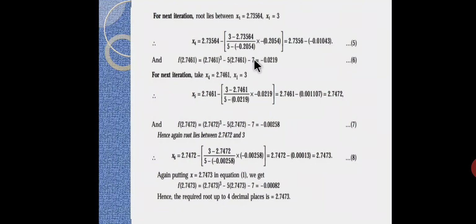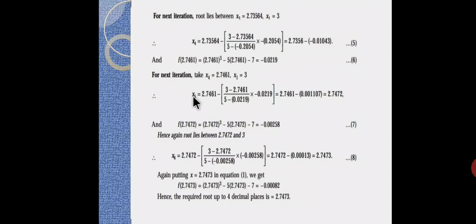So here at 2.7461 the value of f of x is negative. So here 2.7461 replaces the negative root. For the next iteration, take the root lies between x4 is equal to 2.7461 and 3. So for the next iteration the formula is x5 is equal to x4 minus (x1 minus x4) by (f of x1 minus f of x4) into f of x4. We substitute those values in this formula.